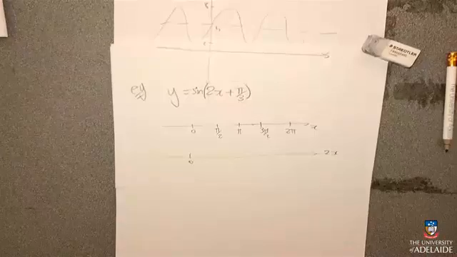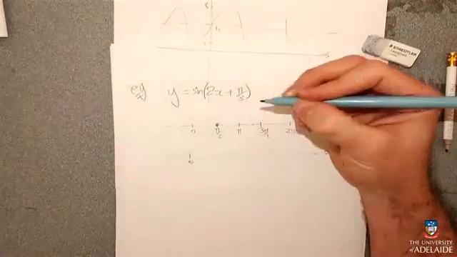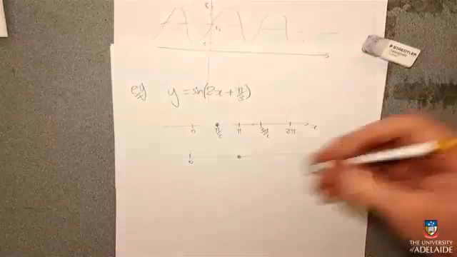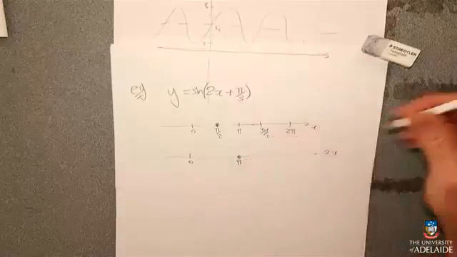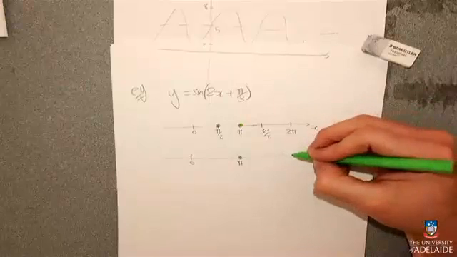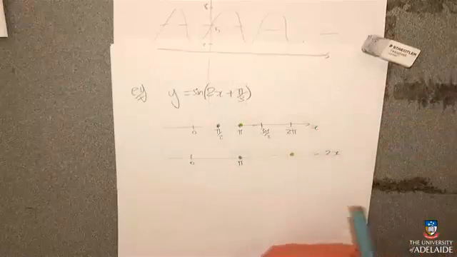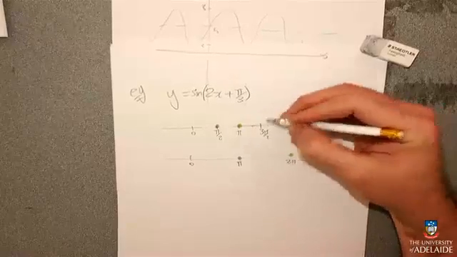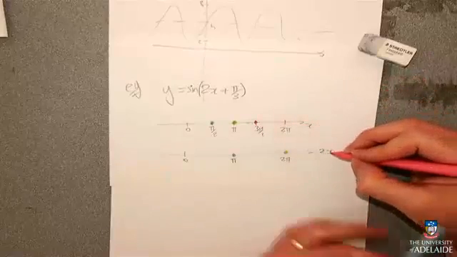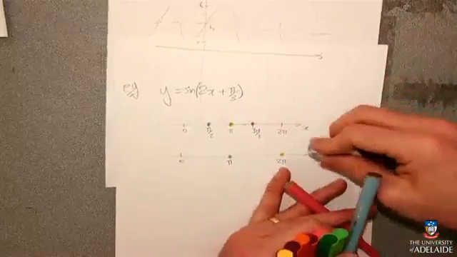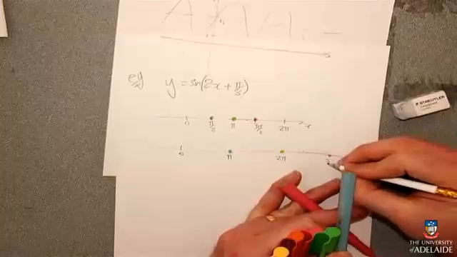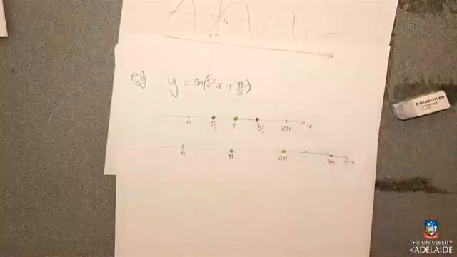Okay, so here we go. This pi on 2 here, I times it by 2 and it ended up here at pi. And this pi here, I multiplied it by 2 and it ended up here at 2 pi. And this 3 pi on 2, I multiplied it by 2 and it ended up over here at 3 pi. Okay, so everything's been stretched out, right?